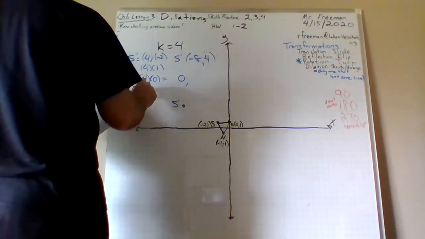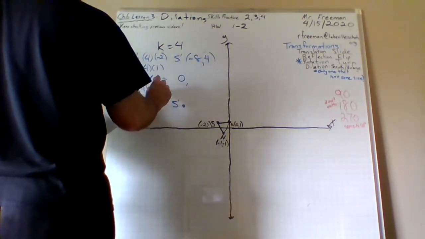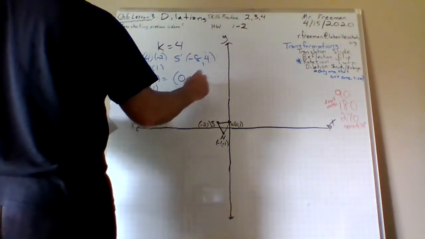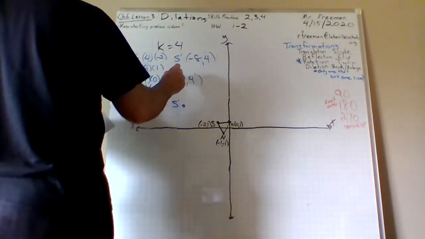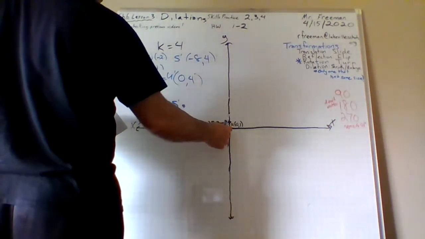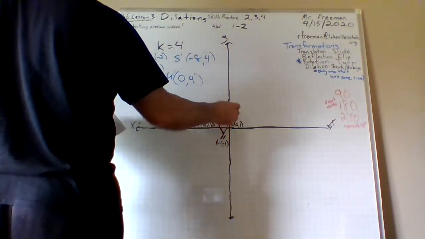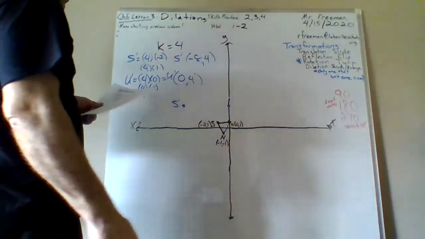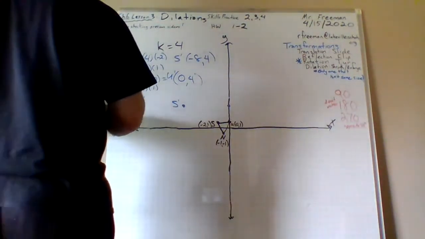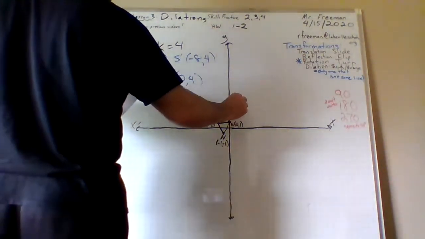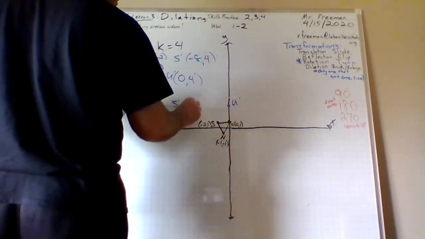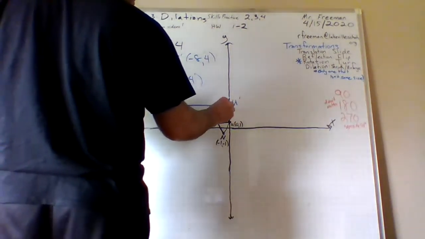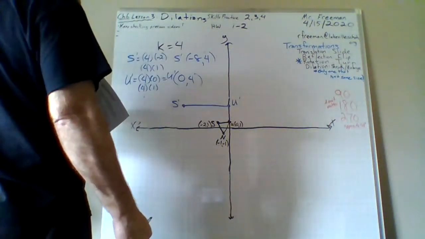And my other one is 4 times 1. So that equals 4. And my coordinate for U prime is 0, 4. 0, 1, 2, 3, 4. Okay. Checking my work.